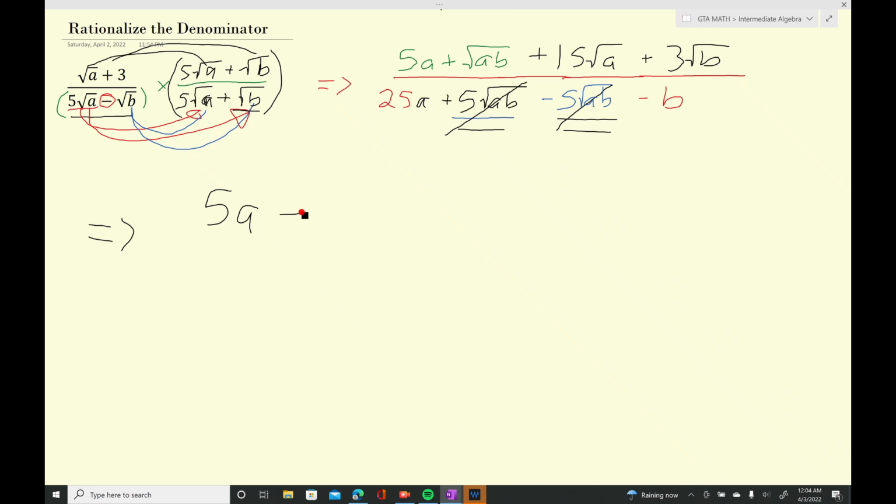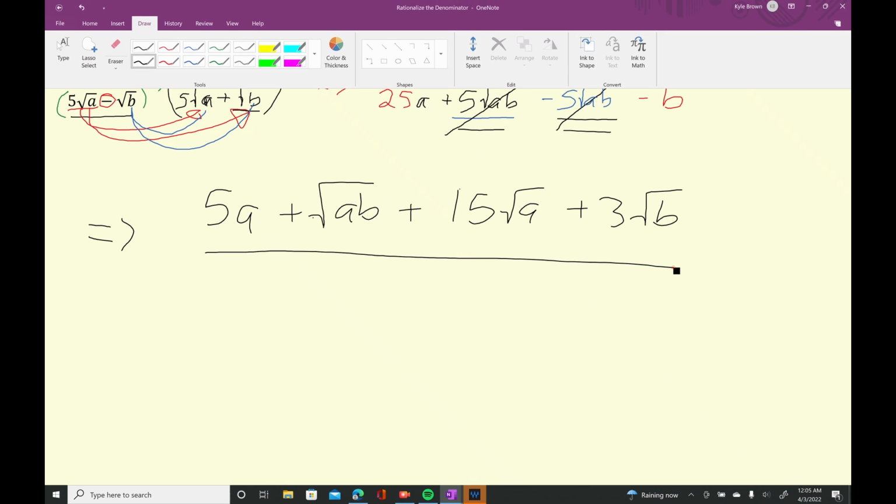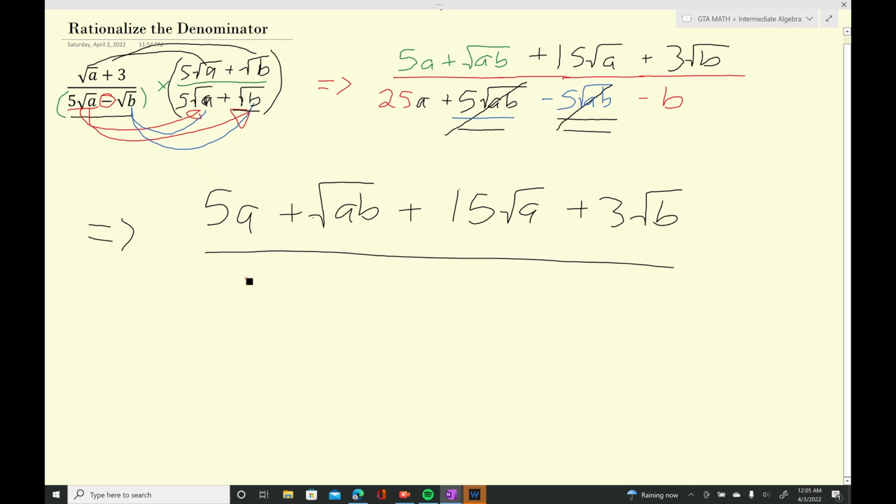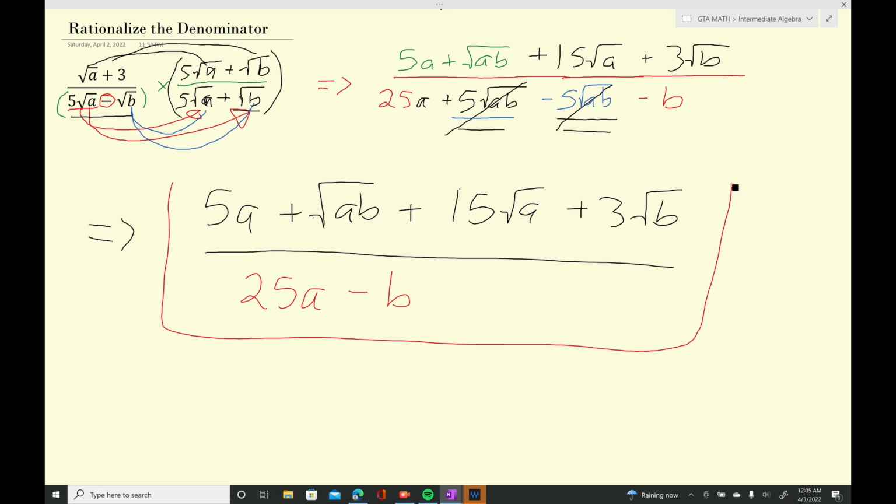We're going to end up with 5a plus the square root of ab plus 15 square root of a plus 3 square root of b, all over 25a minus b. And here you have it. We have simplified and also rationalized the denominator.